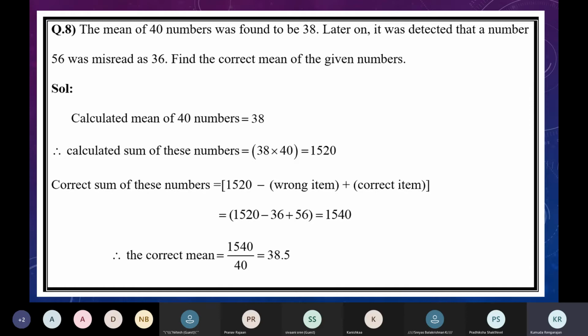That total is incorrect. So from the total, take away that wrong number and add the correct number. That will give you the correct total. Now, since you have to find the correct mean, the correct total by 40, the number of observations, will give you the correct mean.